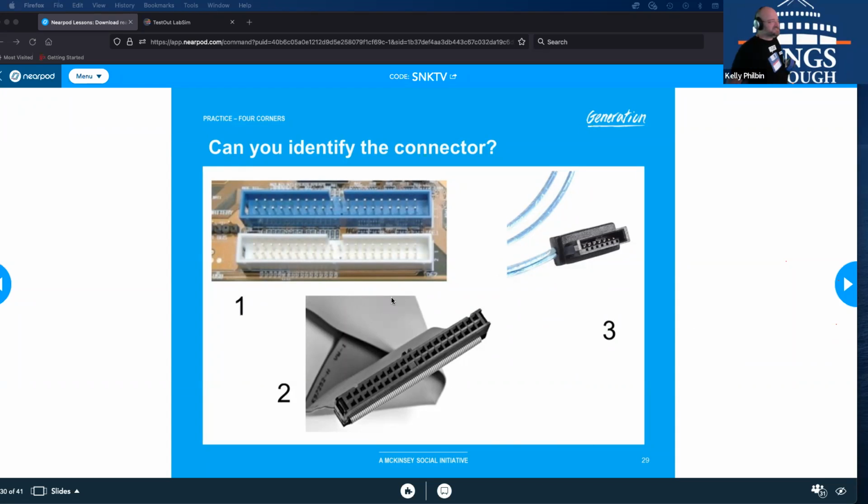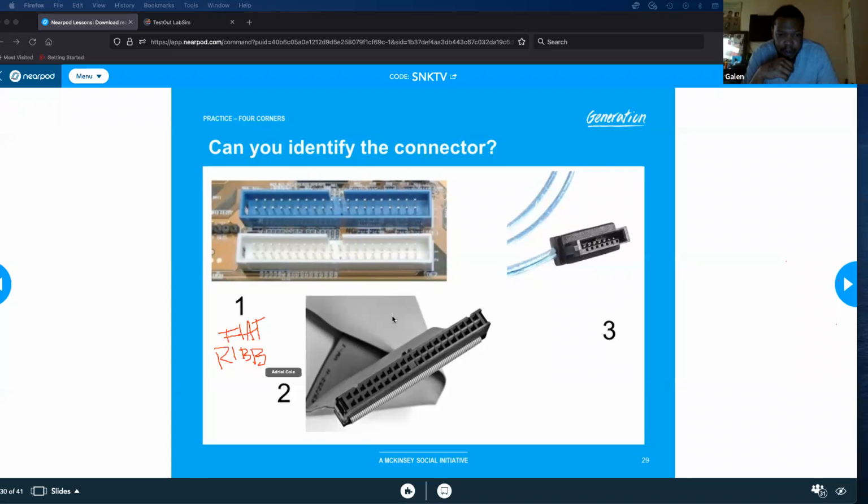Let's see here. Galen, what's number 2, please? What are we looking at here? Flat ribbon.